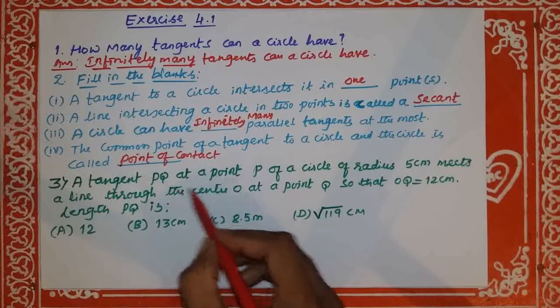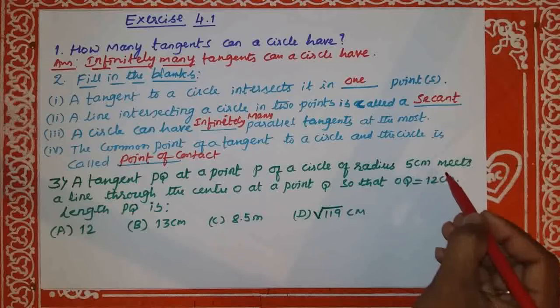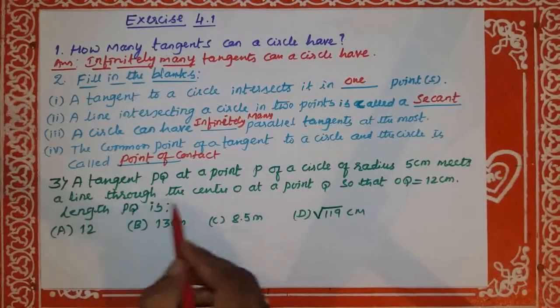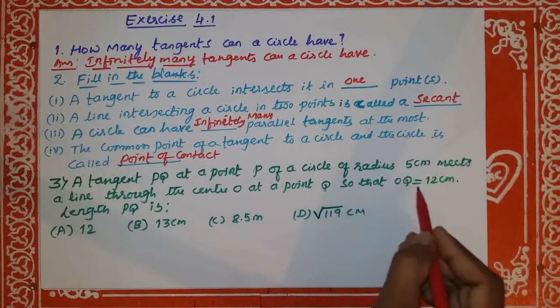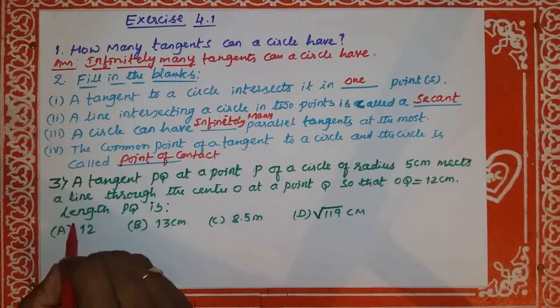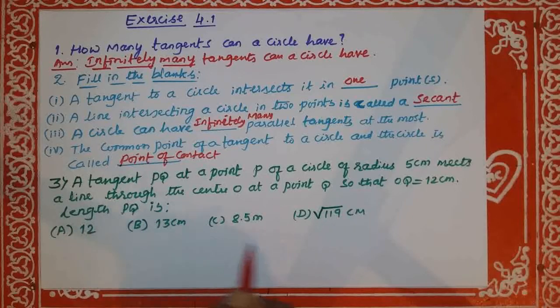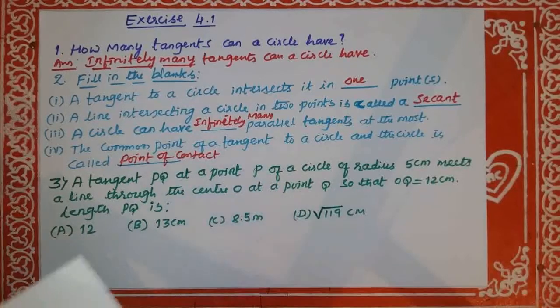A tangent PQ at a point P of a circle of radius 5 cm meets a line through the center O at a point Q, so that OQ is equal to 12 cm. We need to find the length PQ. Okay, see, a tangent PQ at a point P of a circle.